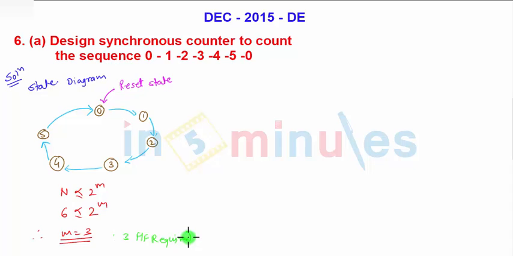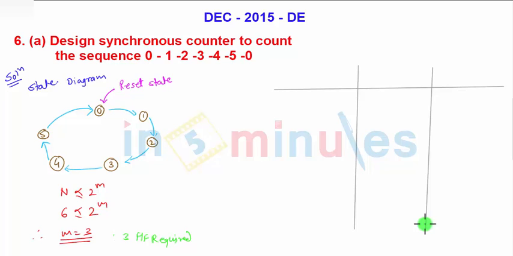Now for these 3 flip-flops, let us draw the truth table, having present state, next state, and inputs to flip-flop from the excitation table.